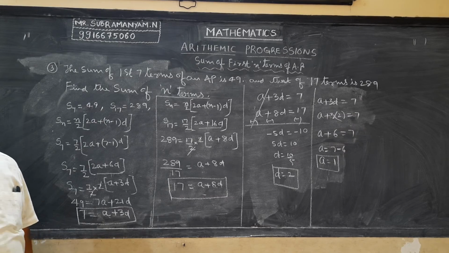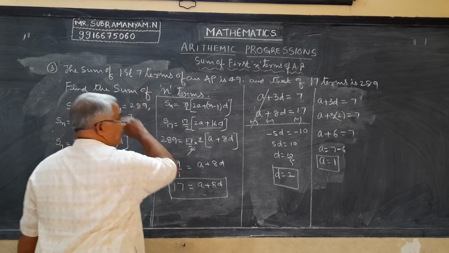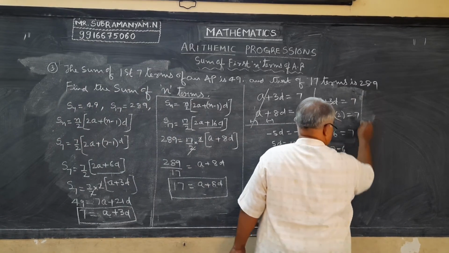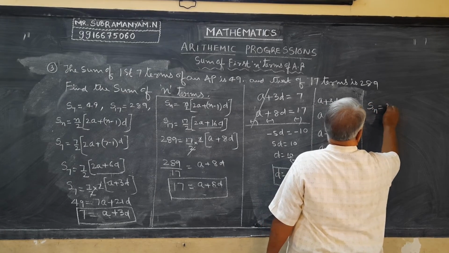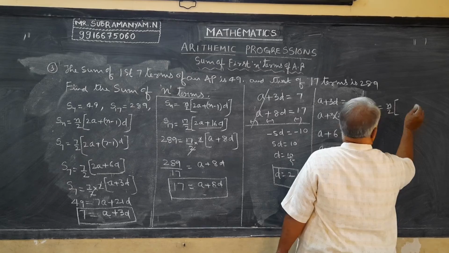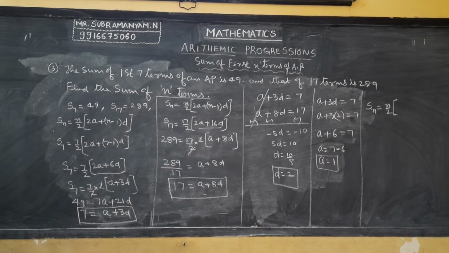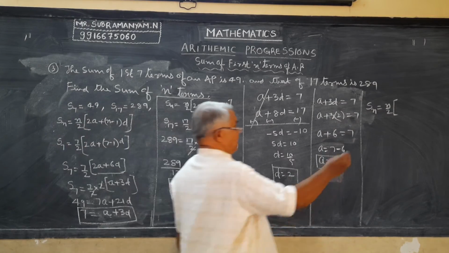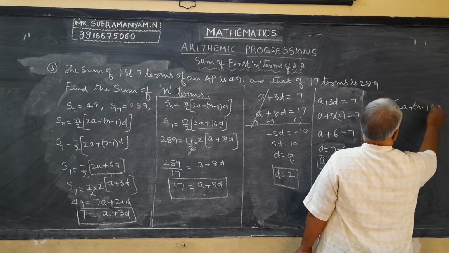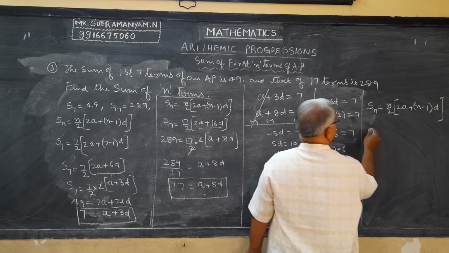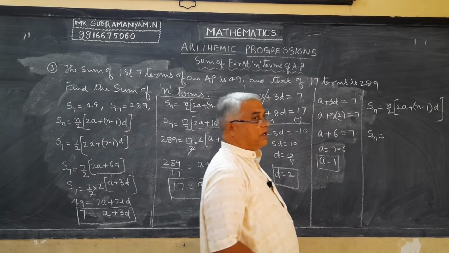After finding the value of a and d, our question is find the sum of n terms. What is the formula for sum of n terms? Sn equal to n by 2 into 2a plus n minus 1 into d. We want the Sn formula.